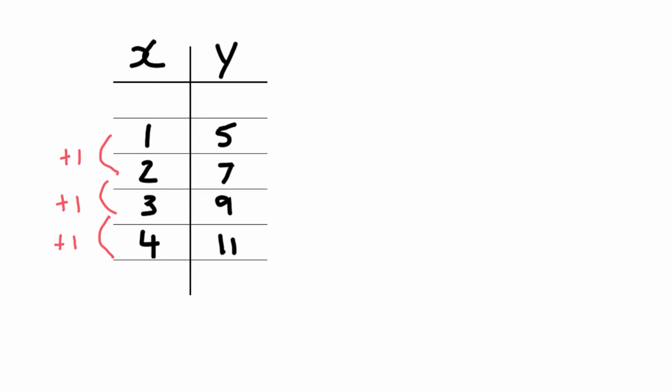So it's fairly consistent. Now let's look at what's going on with the y values. From 5 to 7, I'm going up plus 2. From 7 to 9, I'm going up plus 2. And from 9 to 11, I'm going up plus 2. So this is how the values are changing.